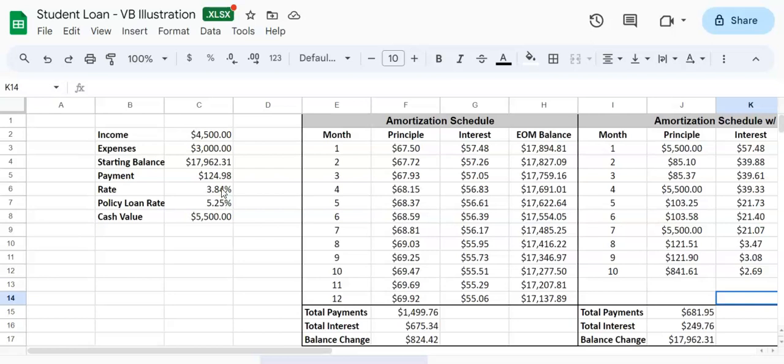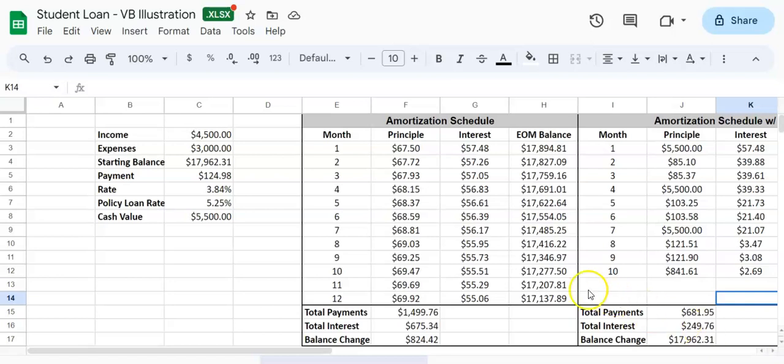So a little higher than that amortization loan, but if you're familiar with velocity banking, you know that these rates don't matter nearly as much as how those rates are applied. And so I'm going to show you how we can use chunks of that cash value to pay down this loan at an extremely accelerated pace and pay much less in interest.